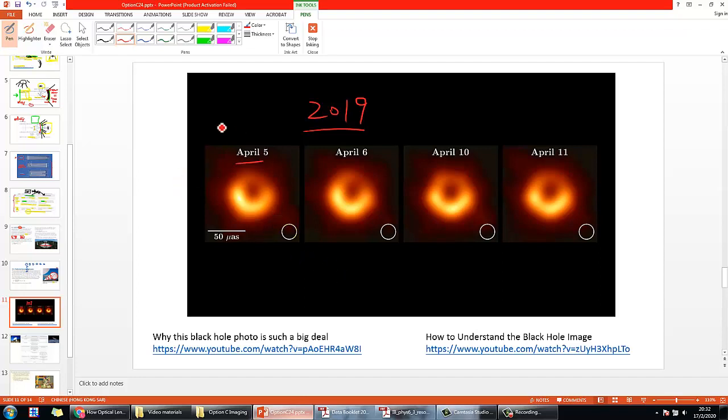And this is the first picture of a black hole humans have ever taken, and it was a big achievement in physics and astronomy, because we have been predicting black holes for a long time, and finally we could take a picture of one. And if you never knew about this, I think it's not too late still, but there's something that you should at least know as a physics student.